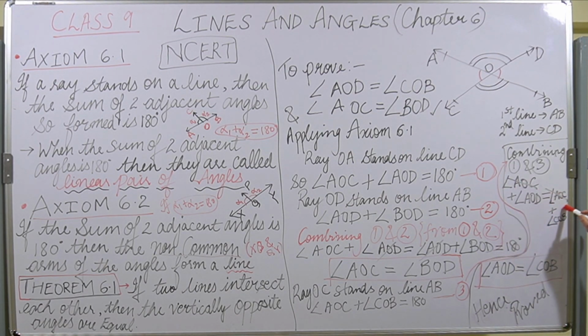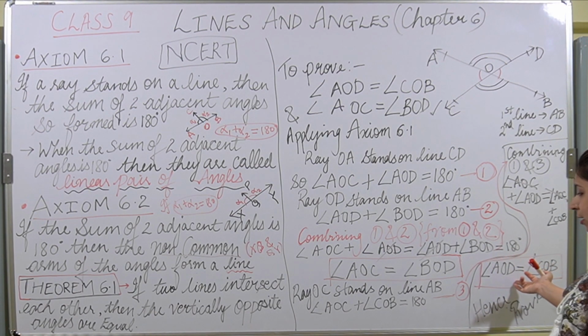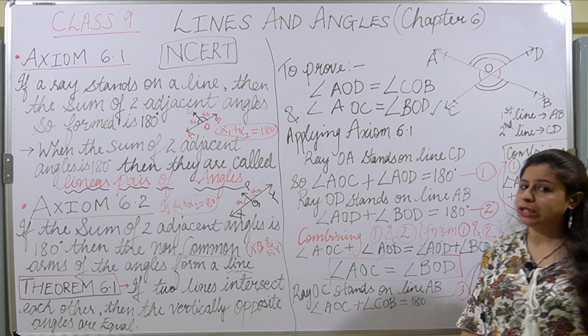So angle AOC gets cancelled and I am left with angle AOD equal to angle COB. So here I got my second pair of vertically opposite angles, which comes out to be equal.